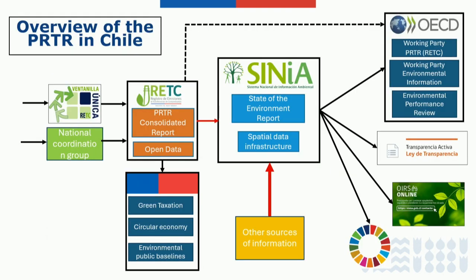Next slide, please. Now, before moving into specifics, I also want to provide more practical context of our operation. So the PRTR is located in the Department of Environmental Information, and the 3 major outputs of our PRTR are linked as follows. One of the major outputs of information of the PRTR system in Chile is towards reporting obligations to international agreements.